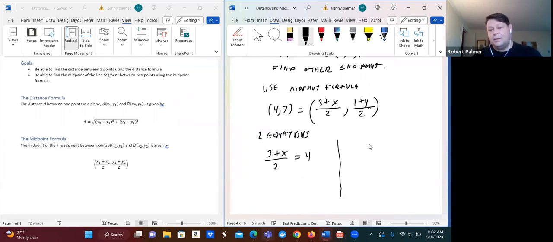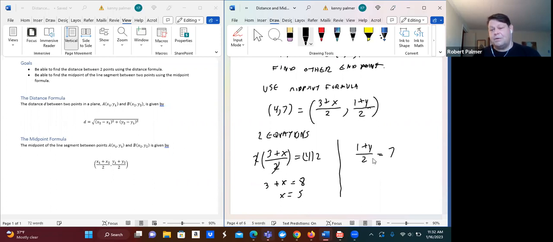And the other one is 1 plus y over 2 is equal to 7. So we just solve each one of these. Multiply both sides by 2. The 2's cancel out here, and we have 3 plus x is equal to 8. Then subtract 3 from both sides. x is equal to 5.